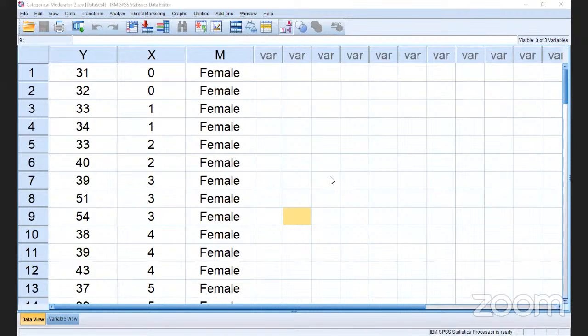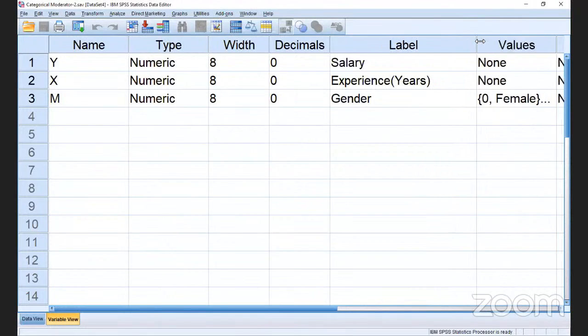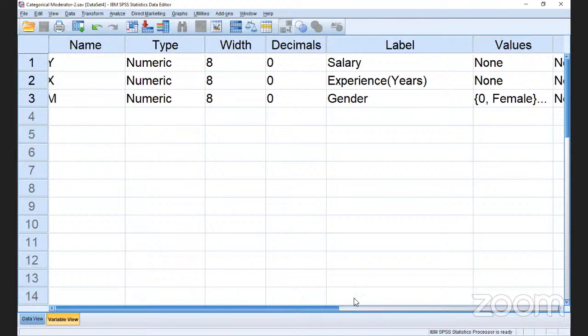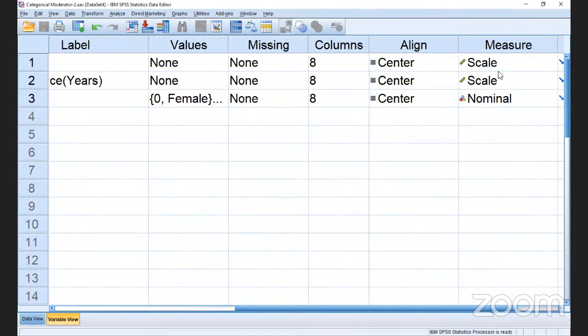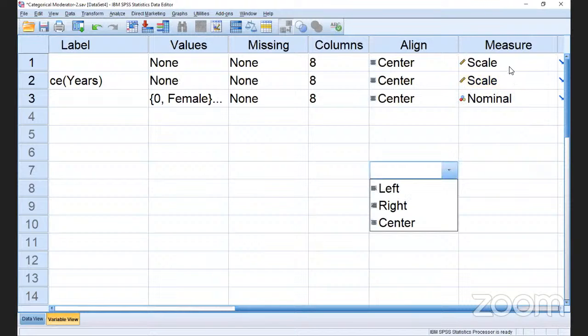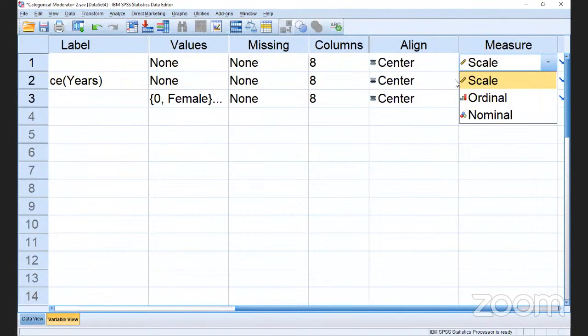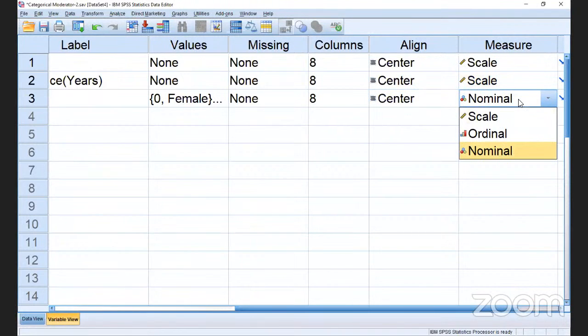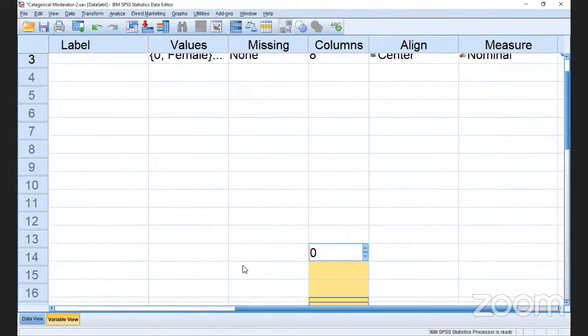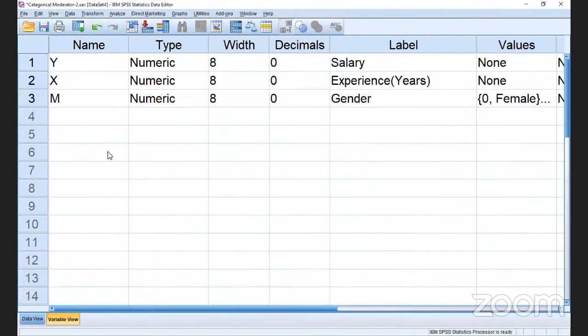So in this case study, there are three variables. First of all, we see our data. There are three variables: salary, experience, and gender. Two are continuous variables, meaning the dependent variable is continuous, the independent variable is continuous, and the moderator variable is categorical.